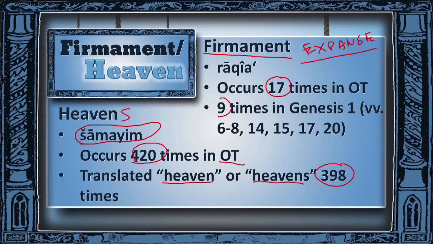And it occurs over half of those times, 9 of the 17, in Genesis 1 alone. And there are the verses right there. So it's only used 8 other times outside of that, and even then it's not talking about the same thing many times. So when it comes down to rakia, firmament, expanse, whatever you want to say, it could have some wiggle room on what you think that it means. And this has always been a problem in trying to decipher this.